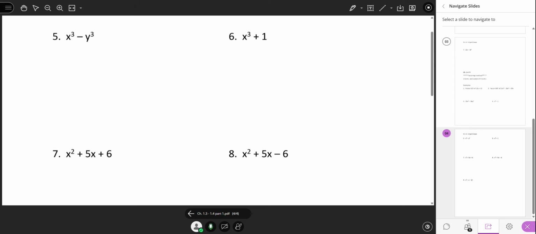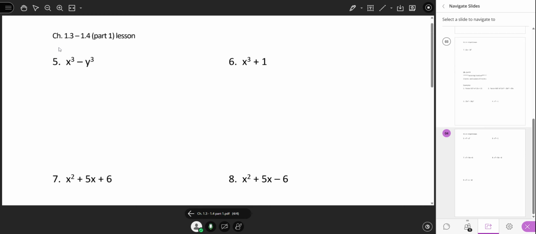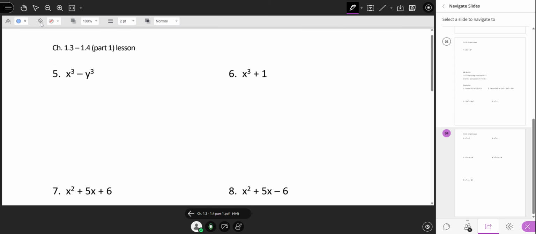And this one is the difference of cubes. This one is the sum of cubes. So we already know our formula. a minus b times a squared plus ab plus b squared.